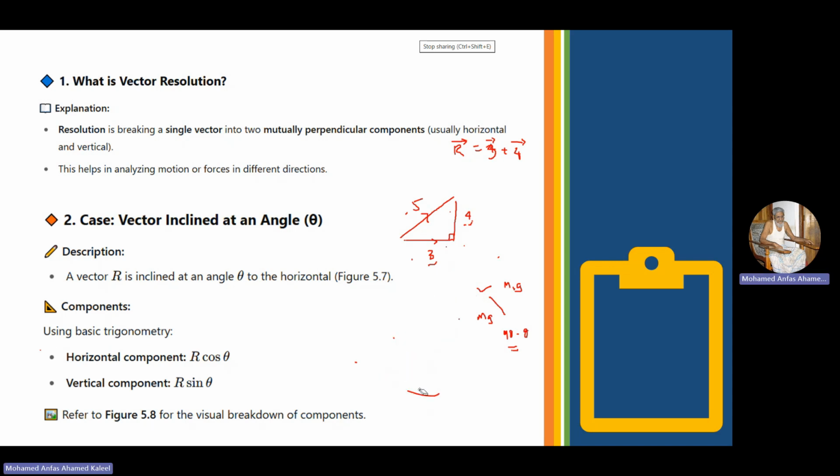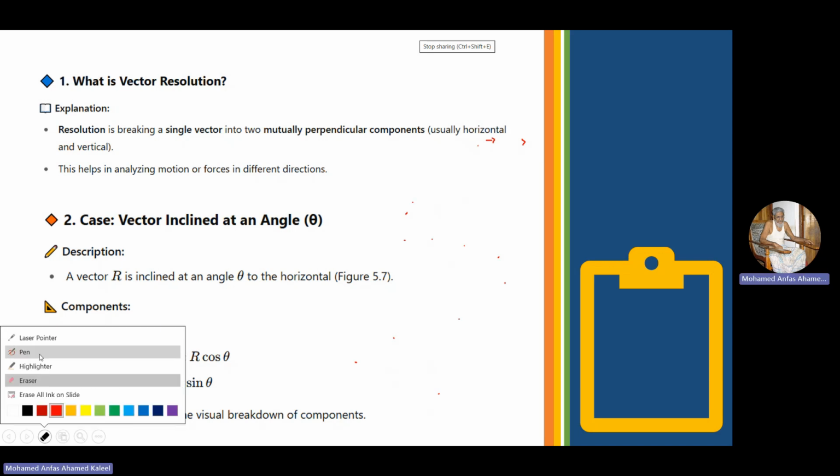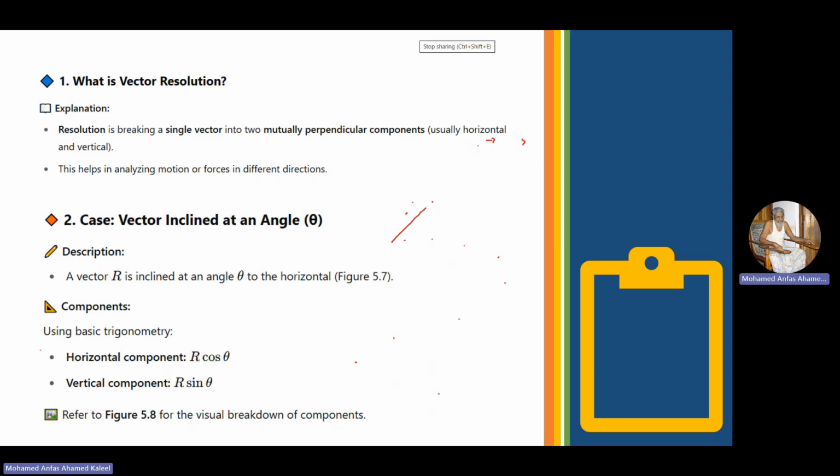So simply, when a force R is acting at an angle theta with the horizontal, this R we can break into two components perpendicular to each other in any direction.